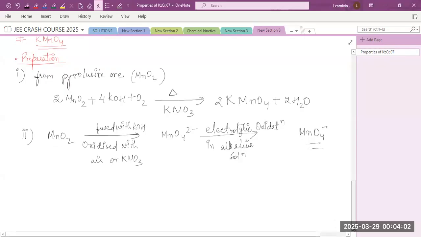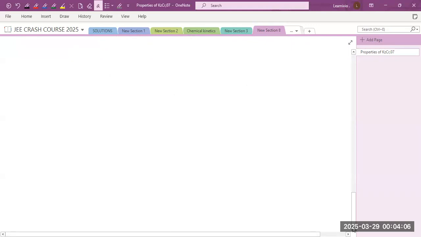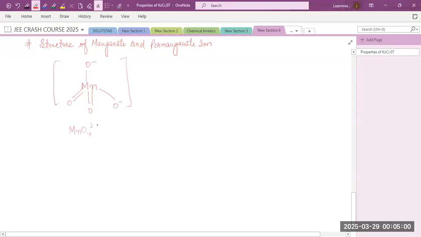First I will show the manganate ion. This is the structure of manganate, MnO4 2 minus.